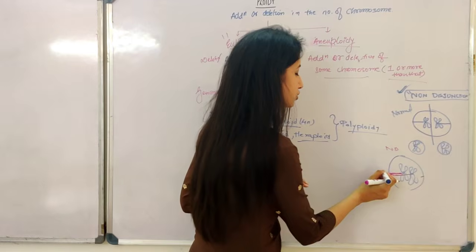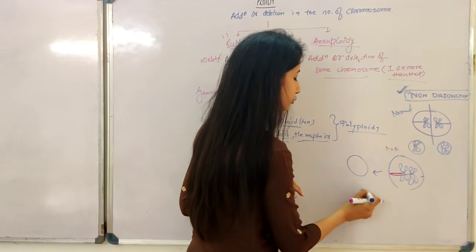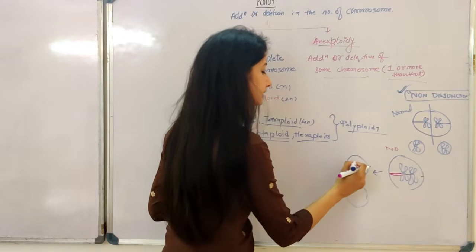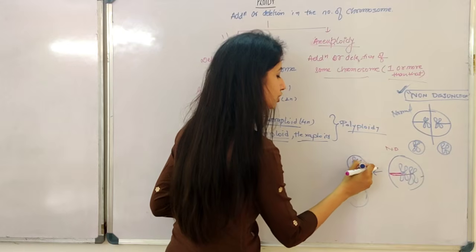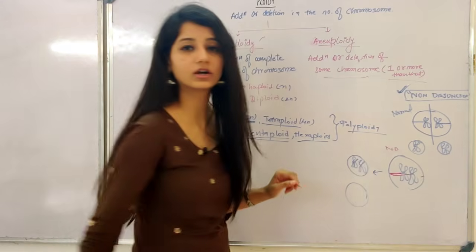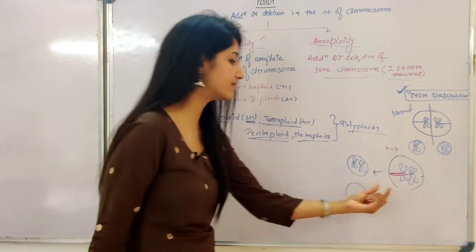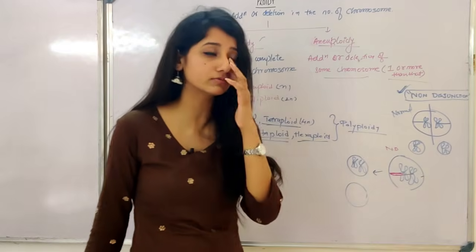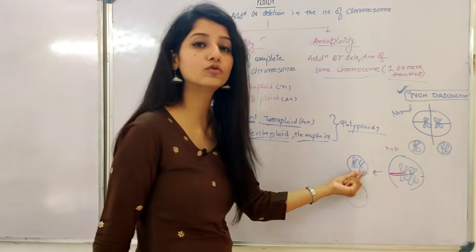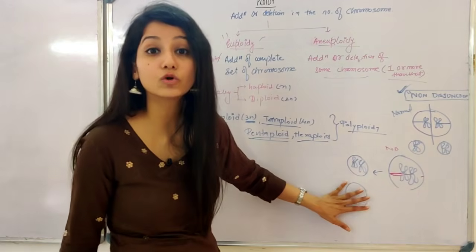Due to which, two cells are formed. This cell will contain both the chromosomes, and this cell will not contain any chromosome. Here we are considering only two chromosomes. So this will have two chromosomes, and this will not have any chromosome.